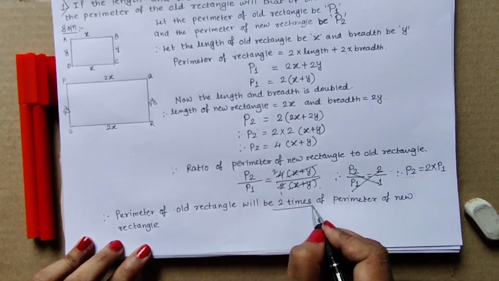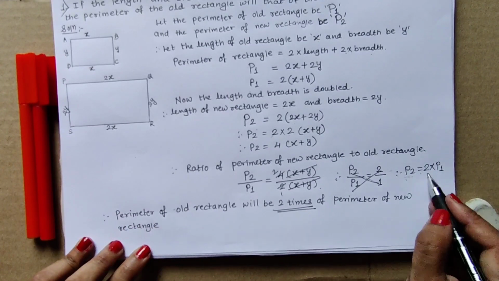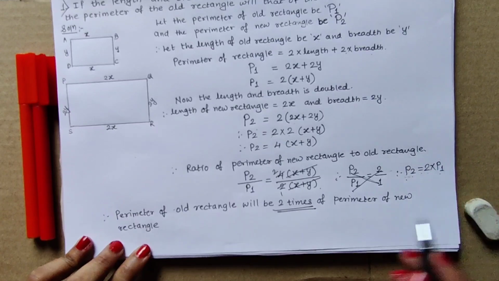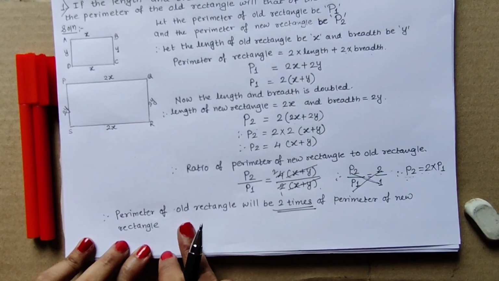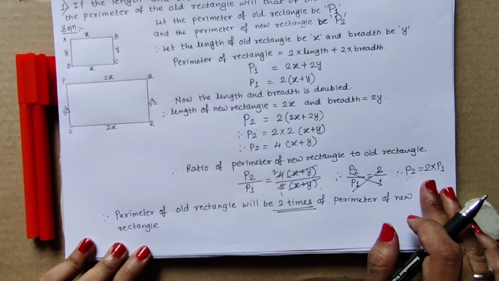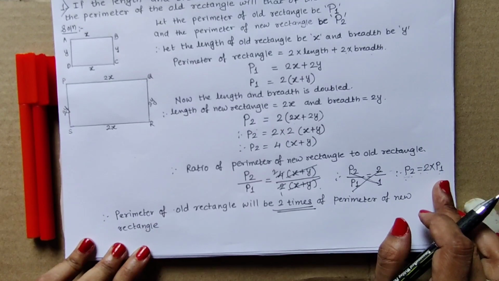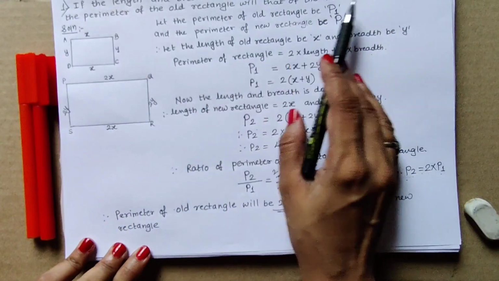Okay, so we have got the perimeter of the new rectangle equal to 2 times the perimeter of the old rectangle. That means if the perimeter of the new rectangle is 2 times the perimeter of the old rectangle, correct? So how many times the perimeter of the old rectangle will be that of the new rectangle?